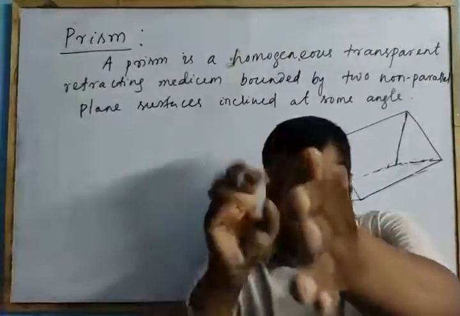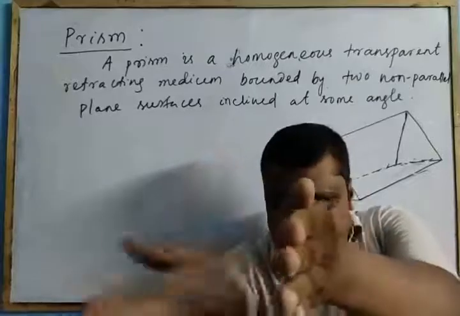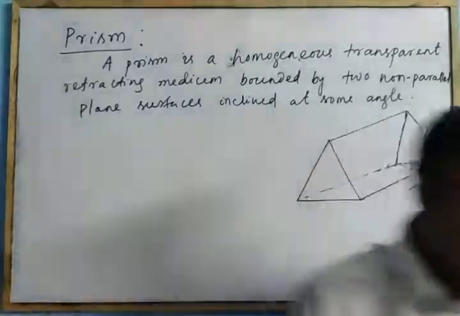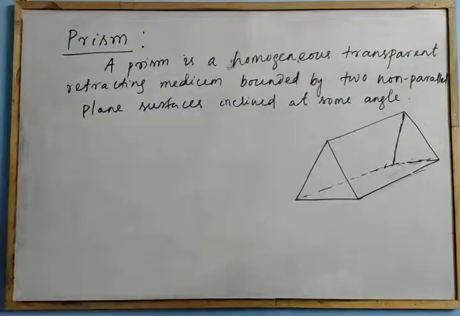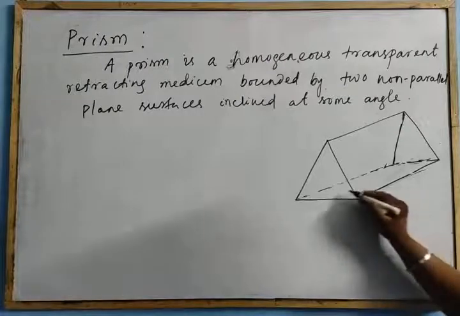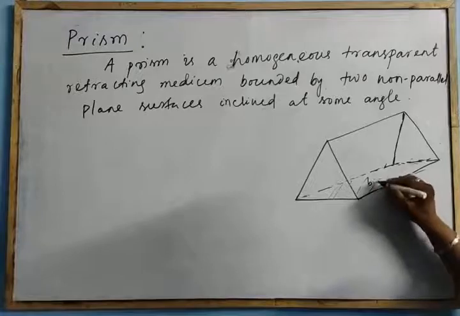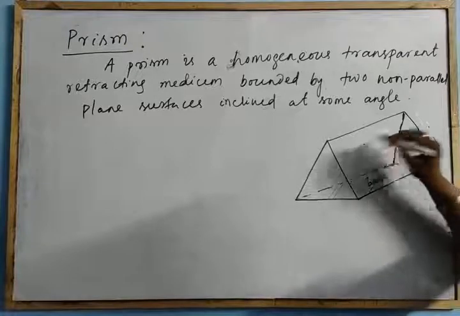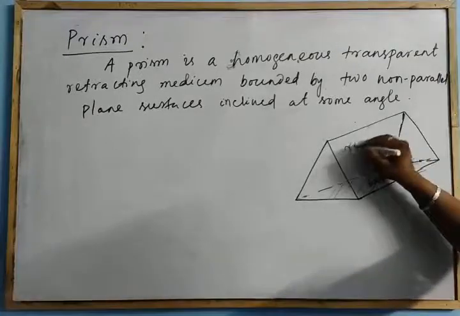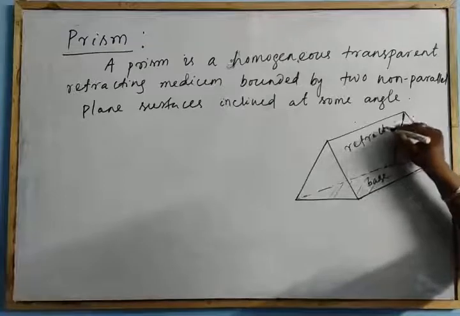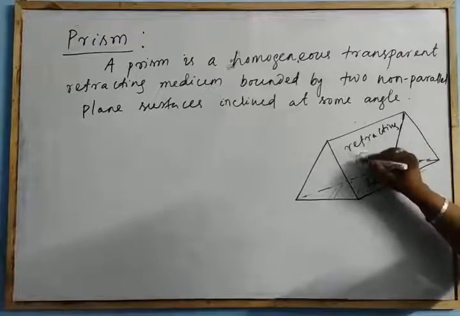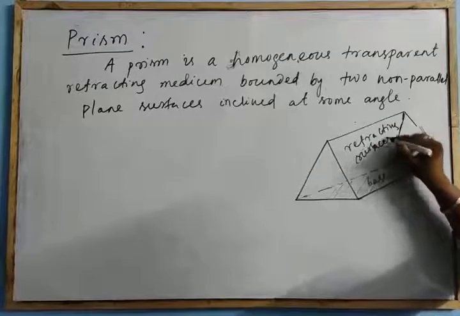This one is called the base of the prism, and these surfaces are called the refracting surfaces.